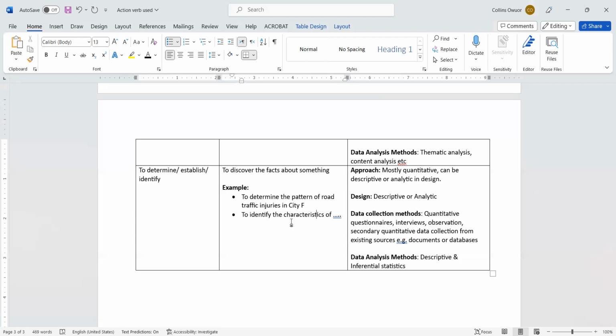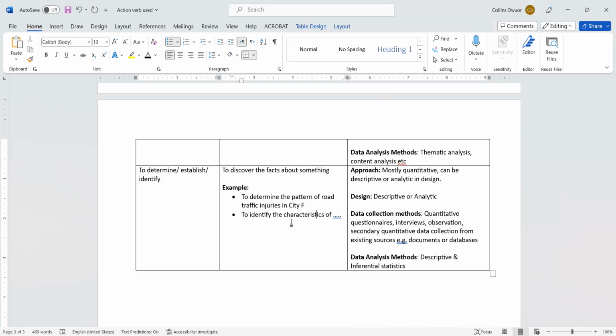Factors influencing means we are going to test relationships between variables, and therefore that's an analytic study. Don't worry, I'm going to go through the study designs in detail. So here we are basically looking at the different action verbs used in objectives and how they could determine the approaches, designs or methods that we use.